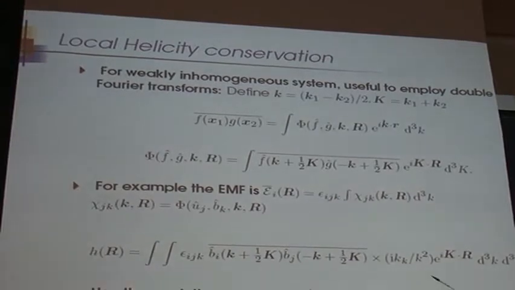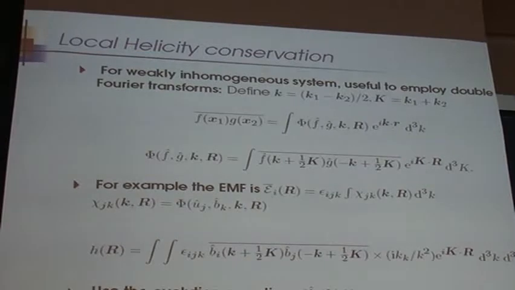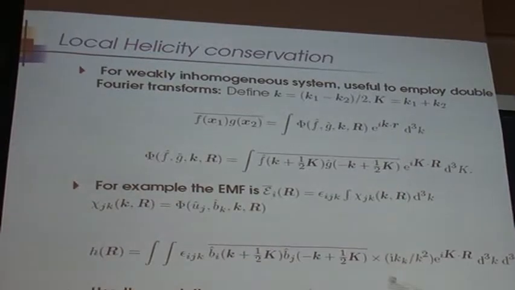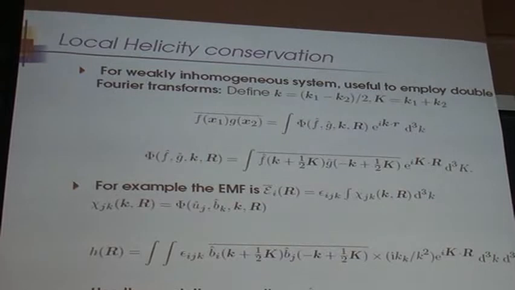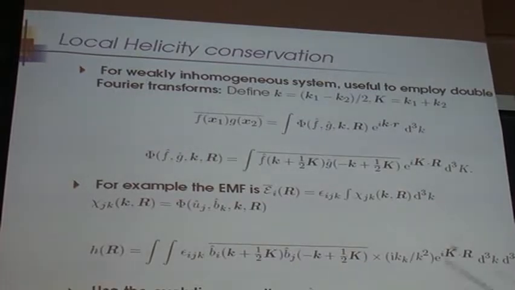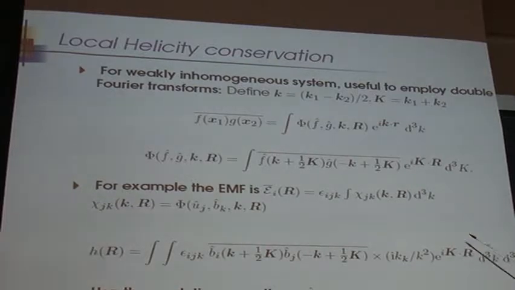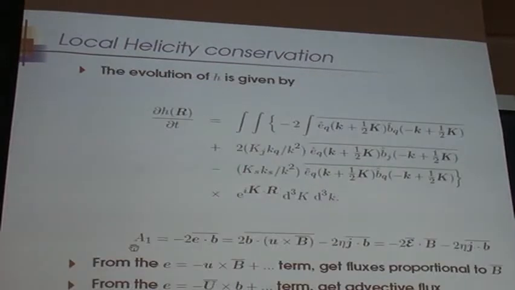So you can imagine that you can just do this fairly systematically, plug this in here, keep each one of these Fourier transforms, which will all be in terms of convolutions, then try to keep terms to leading order in capital K, so that you get all the terms up to derivatives, let's say, in capital R.